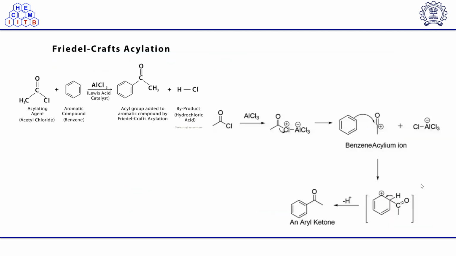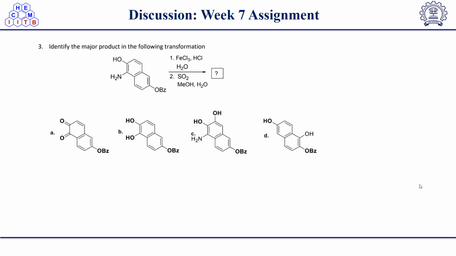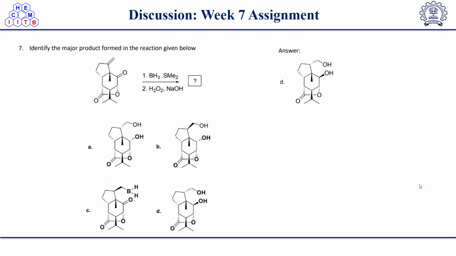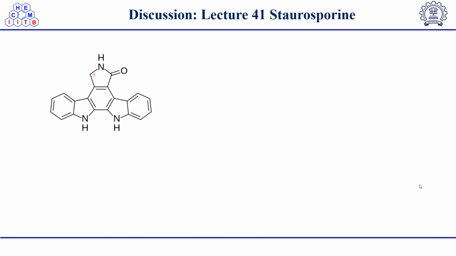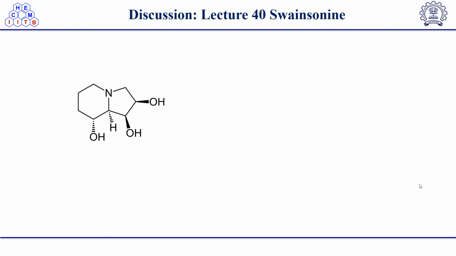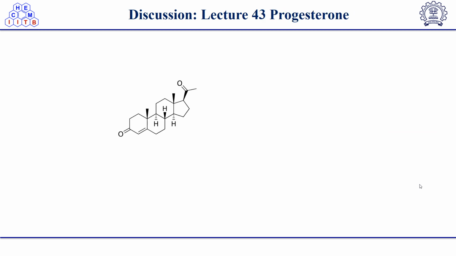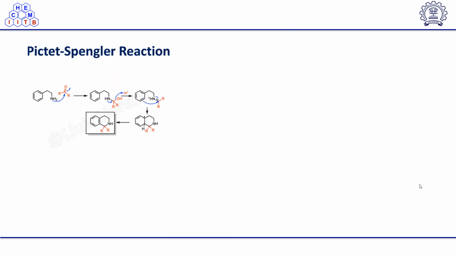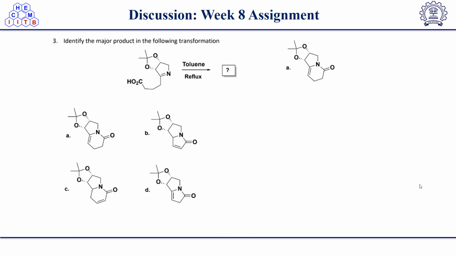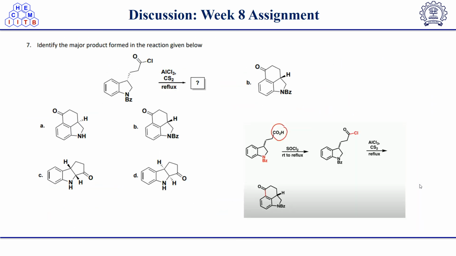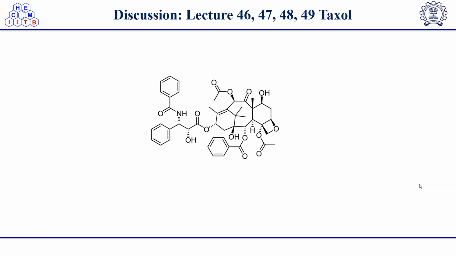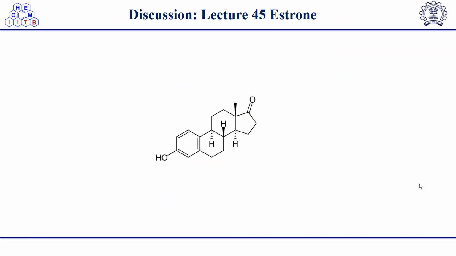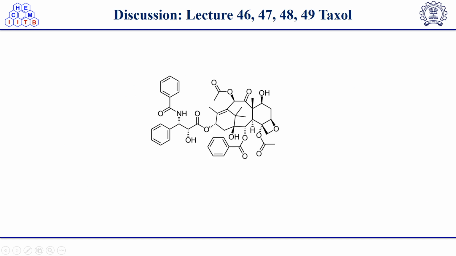We have discussed a variety of reactions as well. Then we have seen the total synthesis of swainsonine, staurosporine, manzamine, progesterone, and other steroids. Then we had a discussion on estrone, and a large amount of time was spent on the total synthesis of taxol.